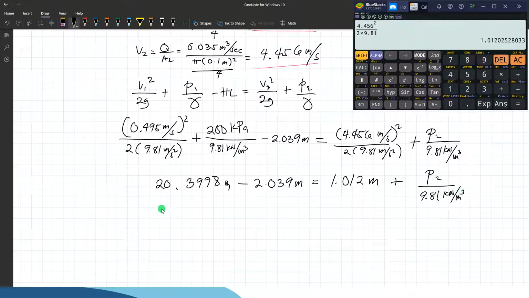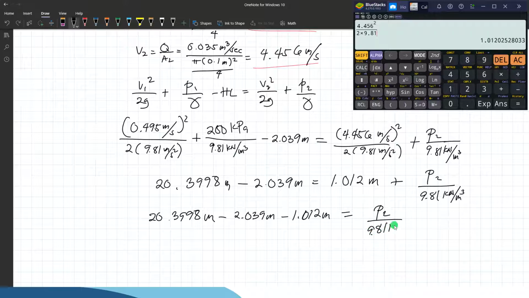So you have 20.3998 meters minus 2.039 minus 1.012 equals P2 over 9.81 kilonewtons per cubic meter.